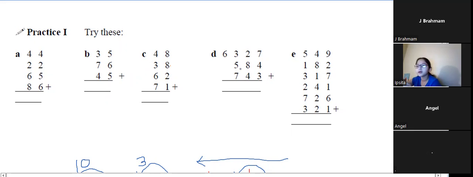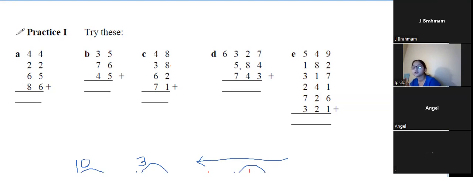Yes, Ipsita, where do you find the questions? You are not in Google Classroom? I am in the Google Classroom. Then you will find it in the material.